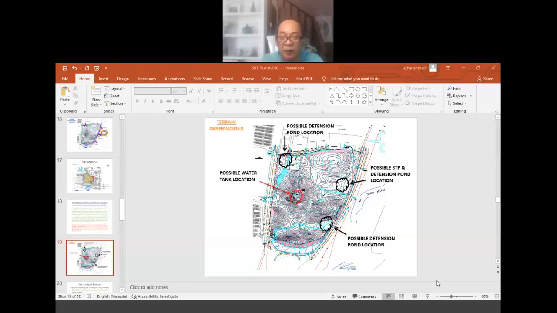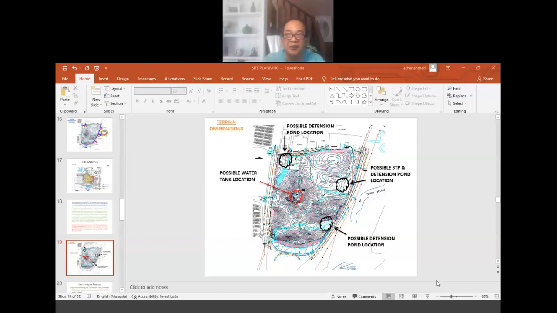Without the detention pond, all the drains will carry water simultaneously to the final discharge. And because we have heavy rain, suddenly all the drains are full, all carrying water to the discharge, and there will be a flash flood at the discharge point.